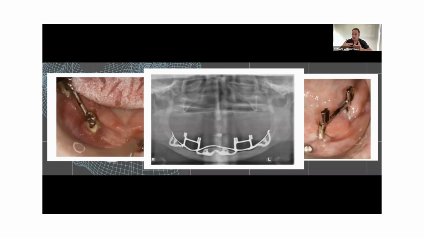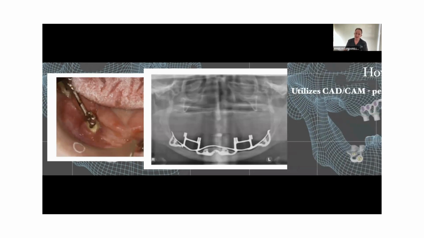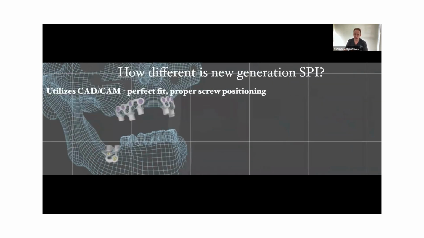Why? In order to reduce the tension. That's why if we are using this approach in the full maxillary rehabilitation, it's always better to use two pieces, to split in two parts in order to reduce the tension. This is another important thing, but I will explain later on during the lecture.